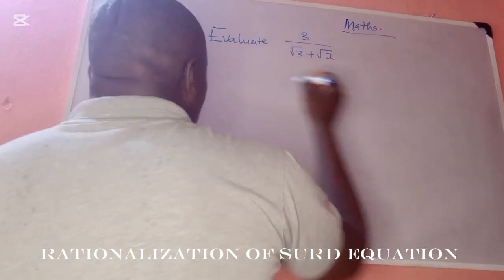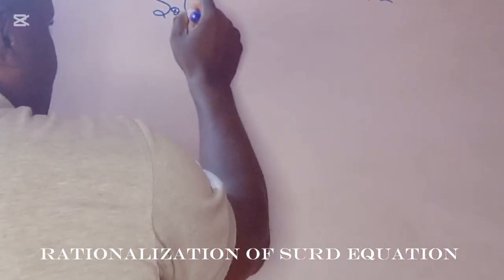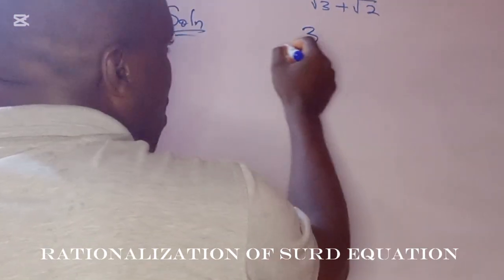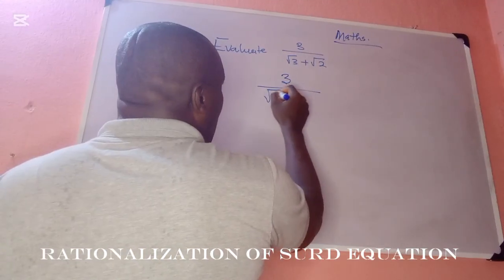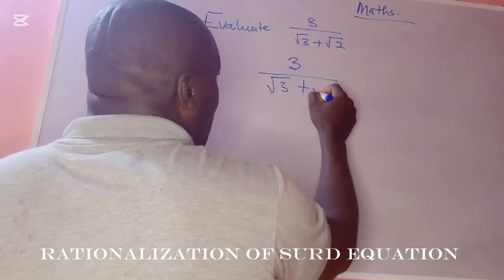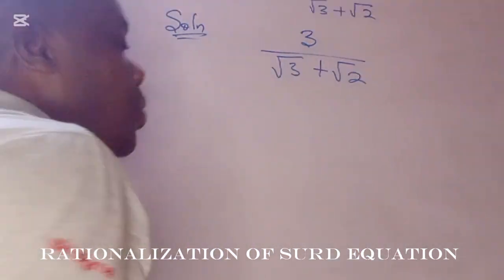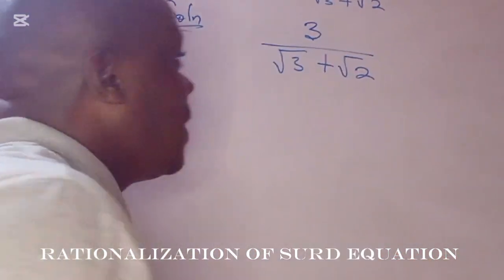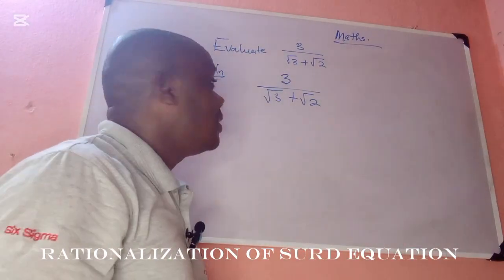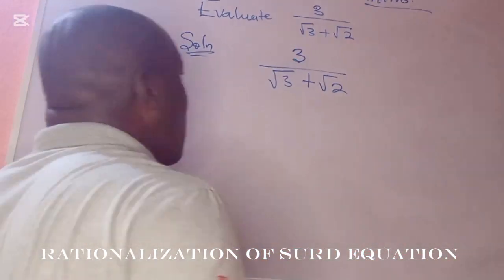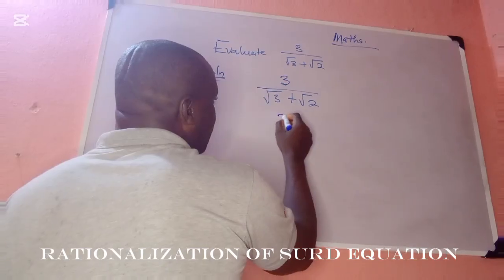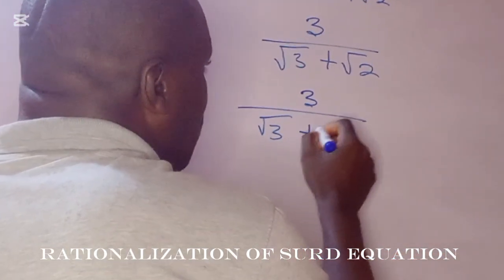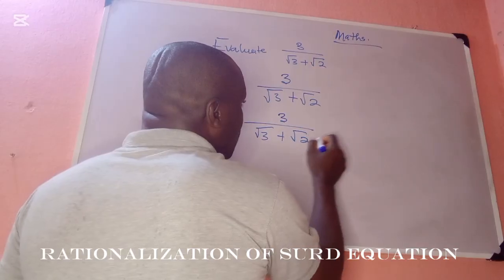So now the solution to this question: we have 3 all over root 3 plus root 2. By looking at this denominator, we rationalize it. If we rationalize the denominator, we now have 3 all over root 3 plus root 2.